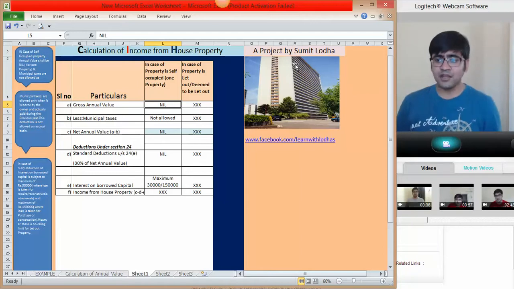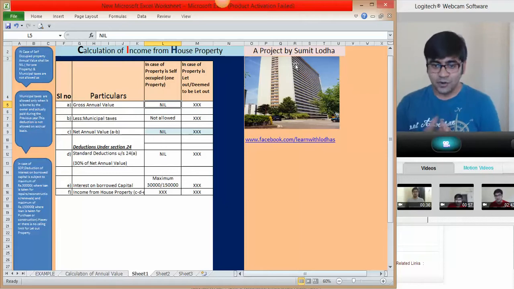Now moving ahead to the deduction of municipal taxes. Will you get the benefit of municipal taxes in case of self-occupied property? Many persons have this doubt: if the gross annual value is nil, but I have paid property tax to BMC, the municipal authority, will I get a deduction for municipal taxes?